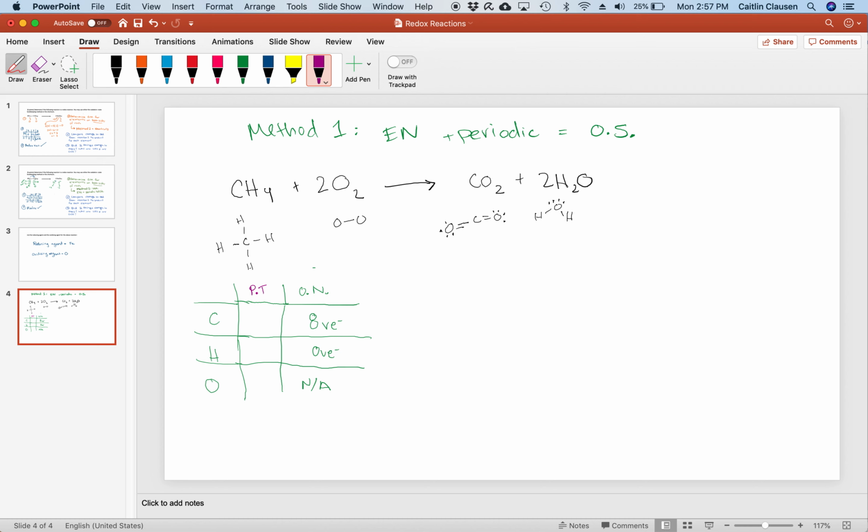From the periodic table, I know that carbon usually has 4 valence electrons when it's not bonded to anything, and hydrogen has 1. And I got that from the group number on the periodic table, which we've talked a lot about before this chapter.